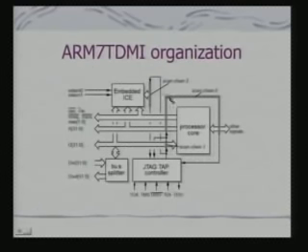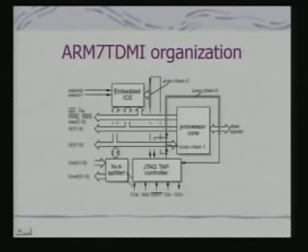This is a more abstract, gross level organization. What we had looked at earlier was the data path, which is sitting inside here. Other than the processor core, there are other components in the CPU.